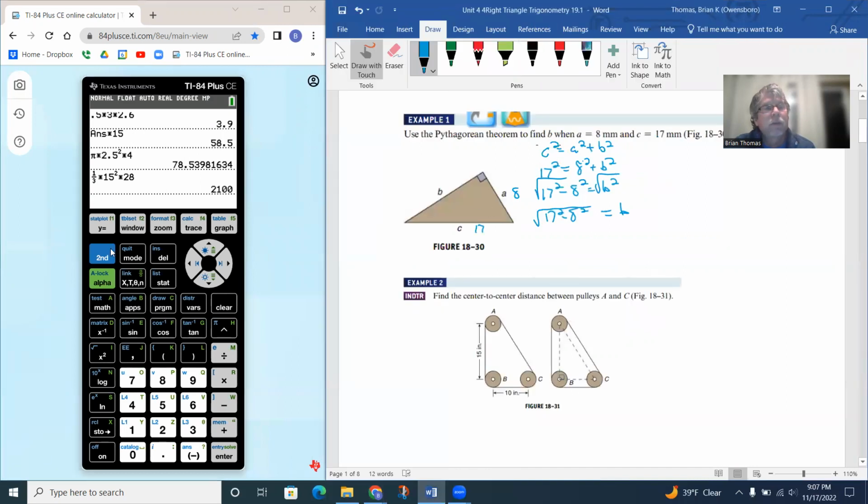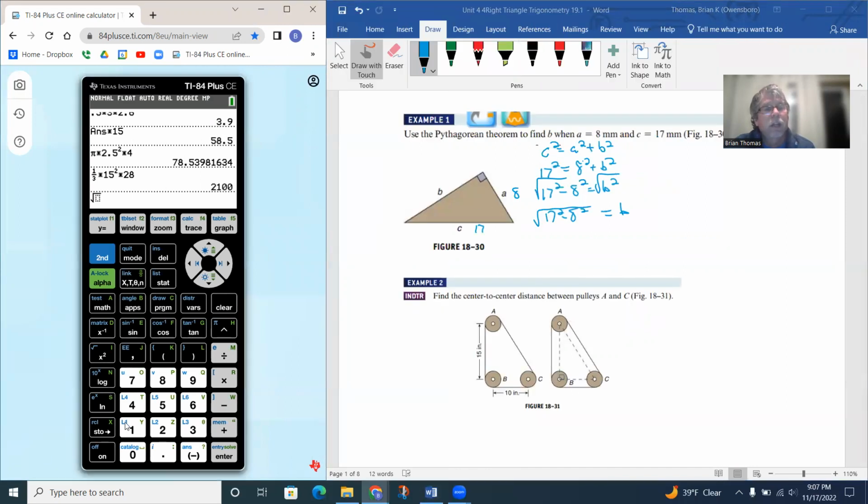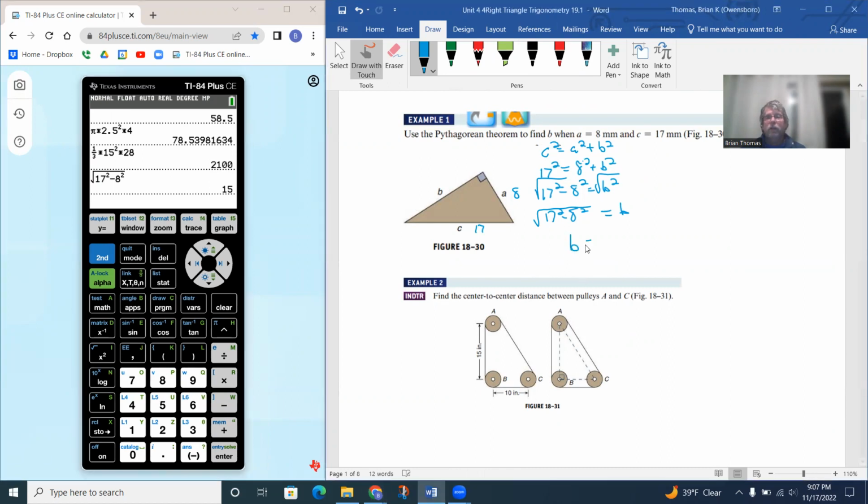If I hit the second button, hit the square root button, I can put the 17 squared minus the 8 squared into the calculator and hit enter, and that'll just give me 15. So the missing side here, b, would be 15. And since we're talking millimeters, that'd be 15 millimeters. That would be a linear measurement.